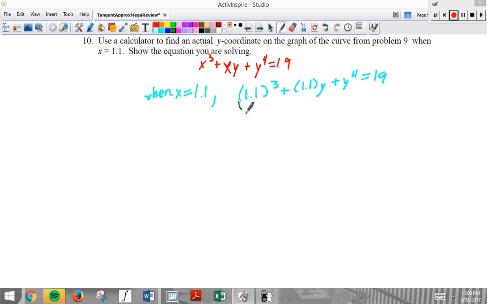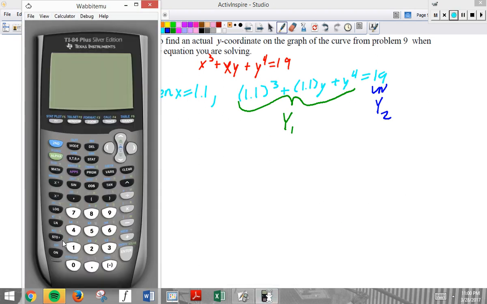And here's how I do it, guys. I have a lot of people scaring me, asking me how do I solve an equation using my calculator. If you're using an 84, this is the best way to do it. Just like that. So one's going to go in for y1, the other's going to go in for y2. That's the equation I'm solving.